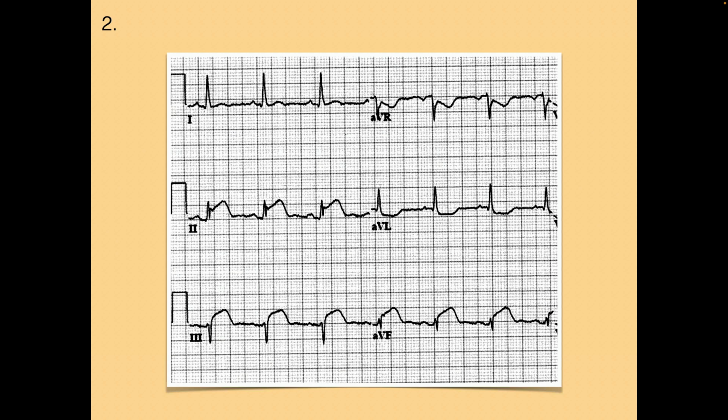One is that here's the J point, so there's at least 1 box of depression. The other is that the more you see reciprocal changes in 1 and aVL, you're going to be happy with just a little bit. But definitely here, and we'll leave it at that.